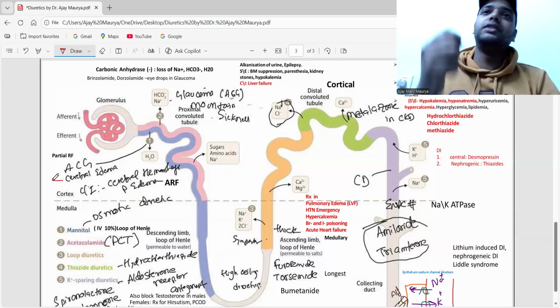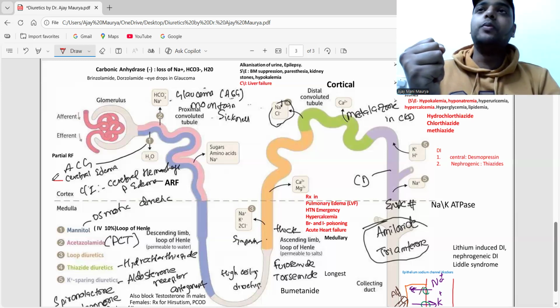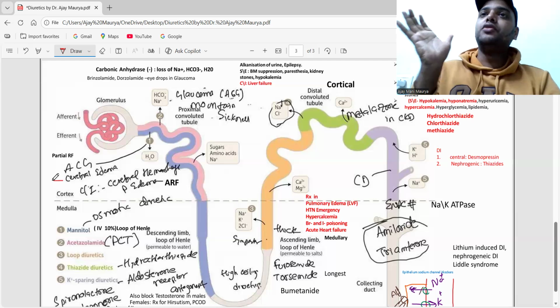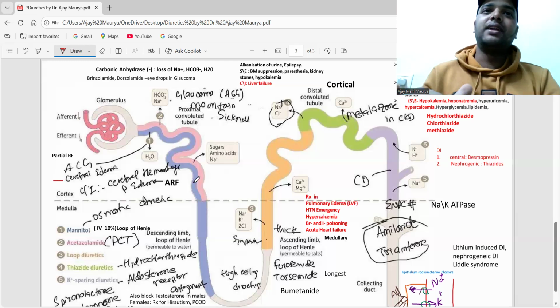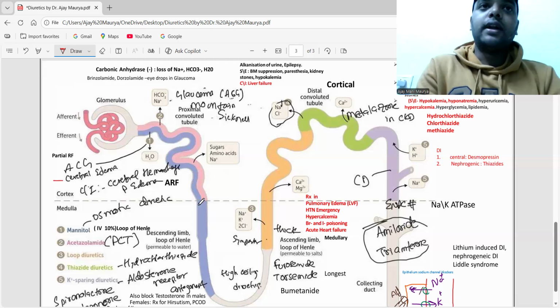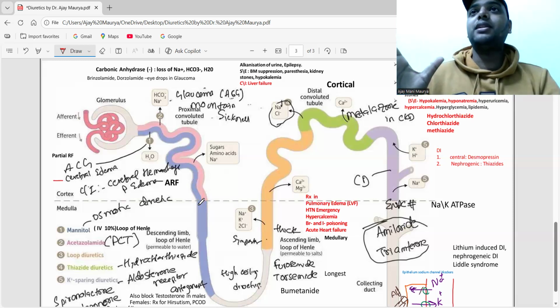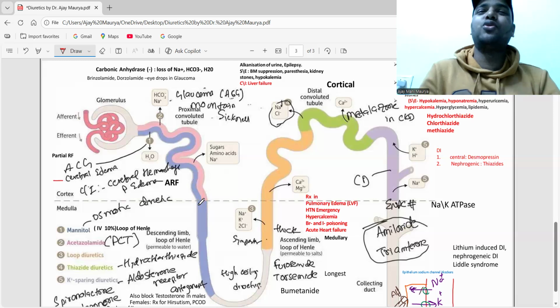If there is edema and you give IV mannitol, suppose this is the blood vessel and this is the brain, it will draw the water out from the cells into the blood vessel. Then the edema will be reduced. So it is used in the treatment of cerebral edema.